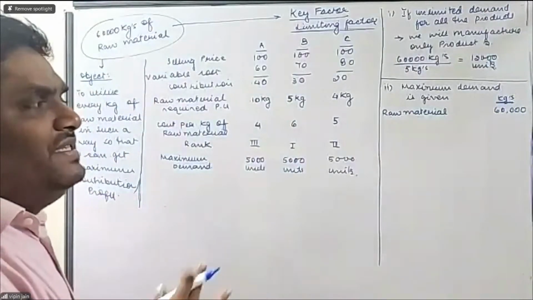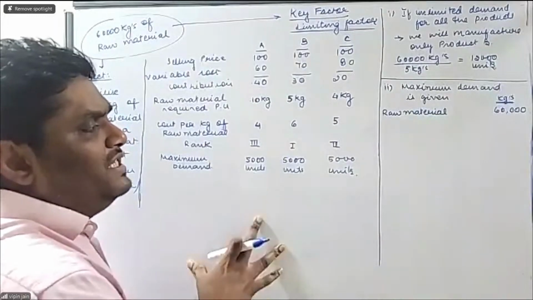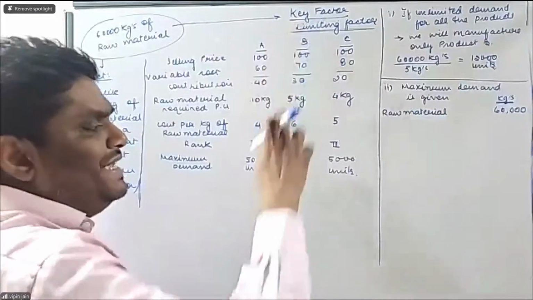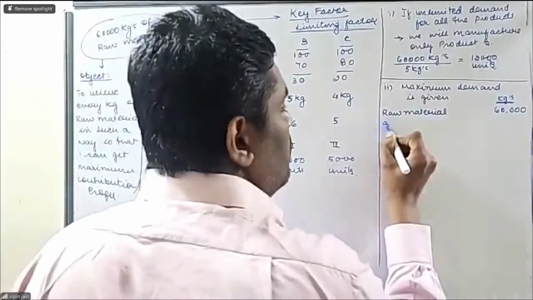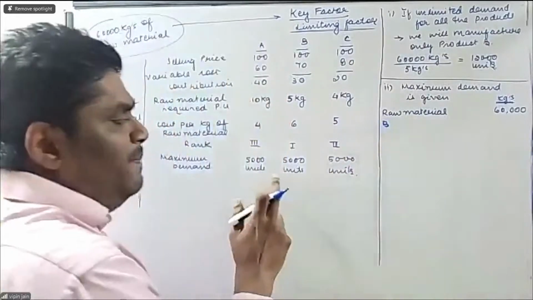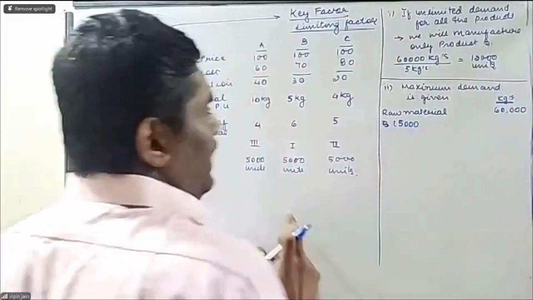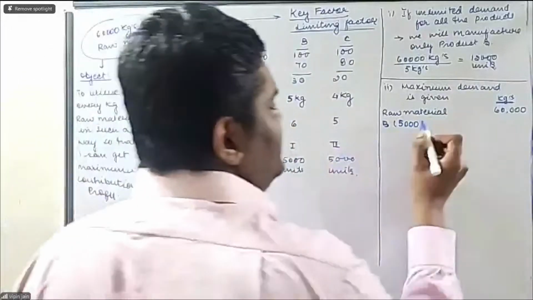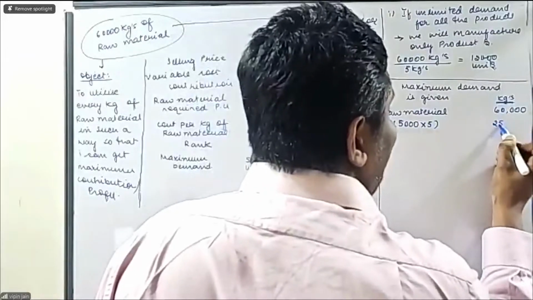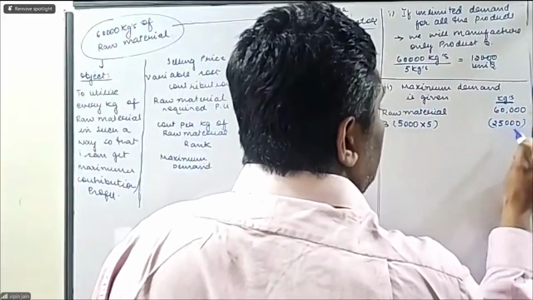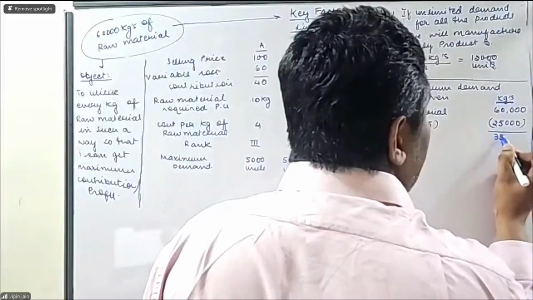Since the maximum demand of a particular product is 5,000 units only, as I said, first priority will be given to B. So we will manufacture B first, all the 5,000 units, and every unit requires 5 kgs, so into 5. So out of 60,000, 25,000 kgs is gone for B. Still we are left with 35,000 kgs.